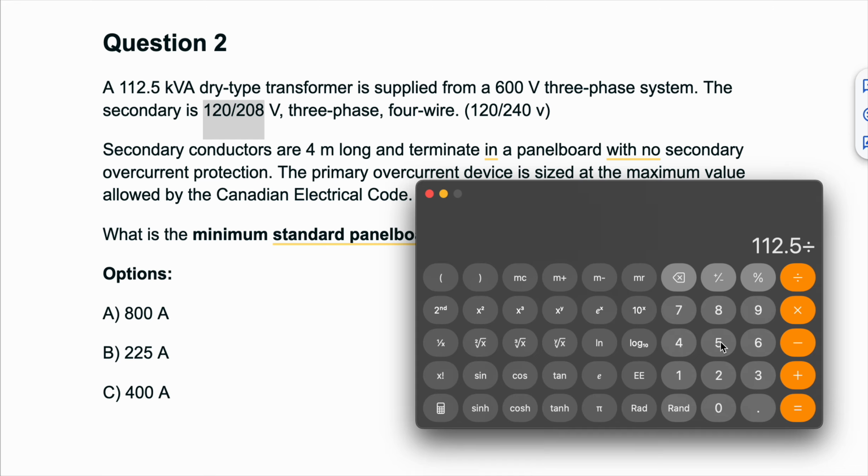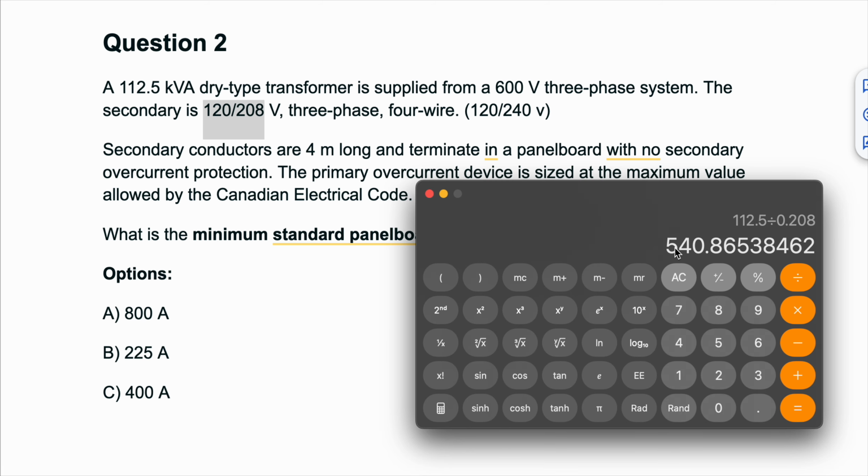112.5 divided for the secondary. 208 is the voltage, because I divided the voltage by 1000.